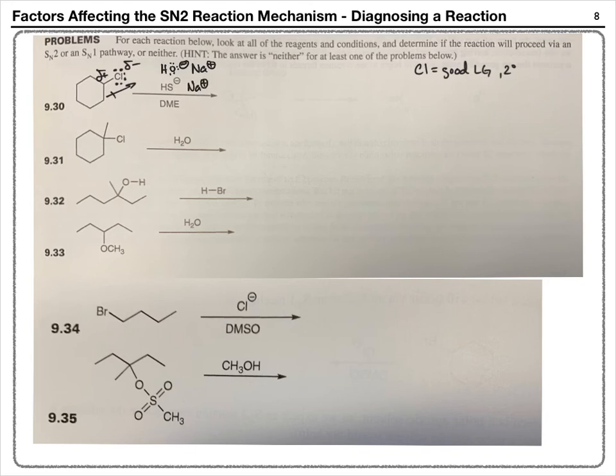Now, is that a good nucleophile? Again, good nucleophiles are typically salts. The nucleophilic component has a lone pair of electrons, which this does. So that would be a good nucleophile.